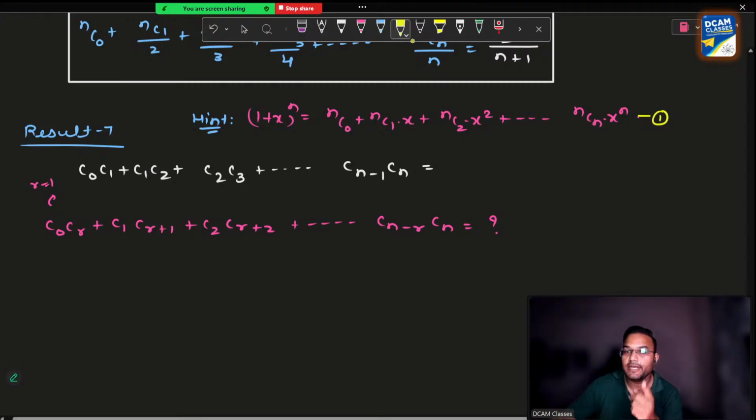See, one equation you have, this one, above one. You will have to make one more equation by changing x as 1 by x. Then what you will get?